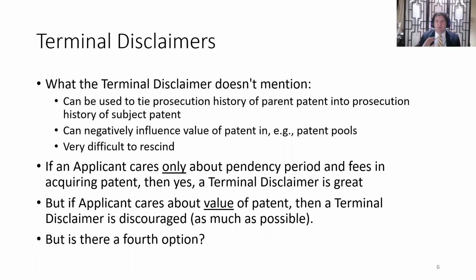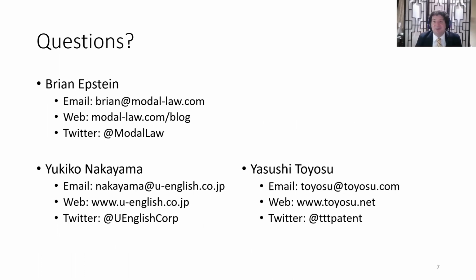But in the United States, we try to fight these. We amend claims. We try to avoid responding to these, which kind of gets into my last point: is there a fourth option for responding to these types of rejections? And that's the conclusion of part 1 of this session.